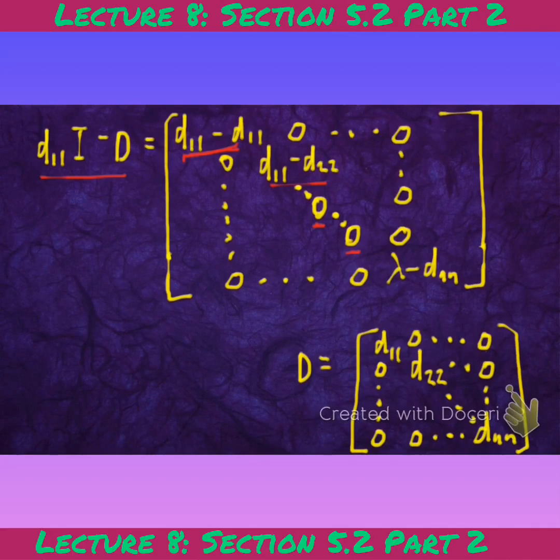So on the diagonal, there are going to be m zeros.